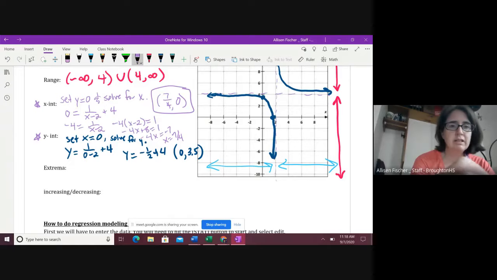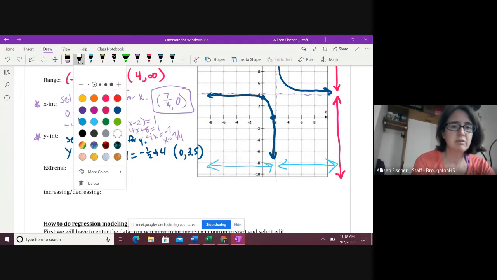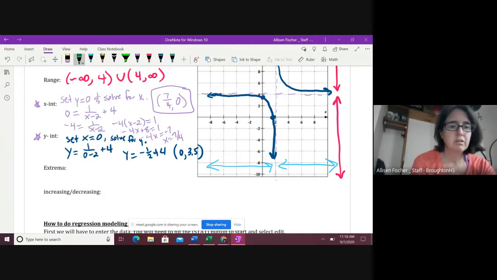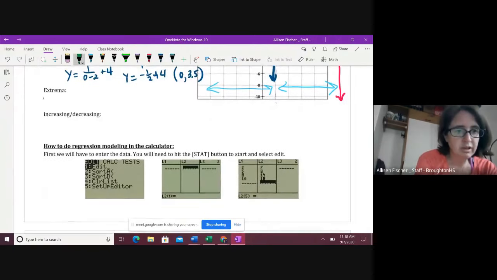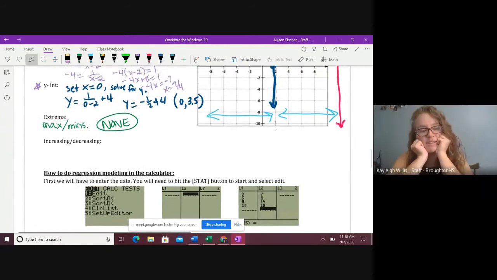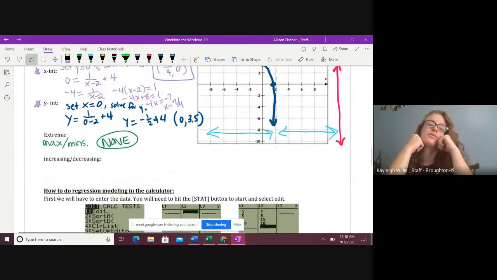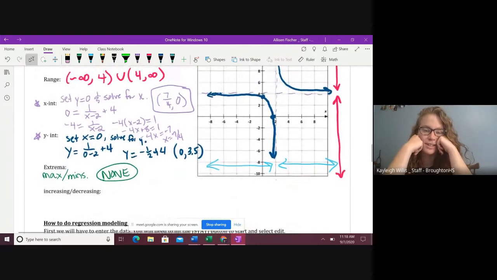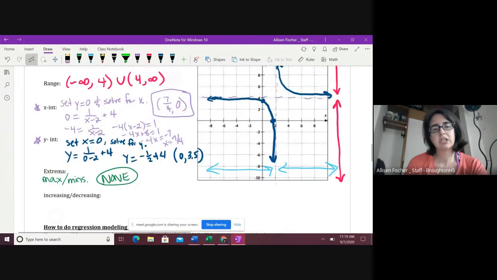I am going to write down, though, that this is talking about maximums and minimums so that you remember what this word is. So for this one, there are none. That makes sense, because it would have to change directions too. Like the curve would have to, yeah, it would have to change, and it's not changing.